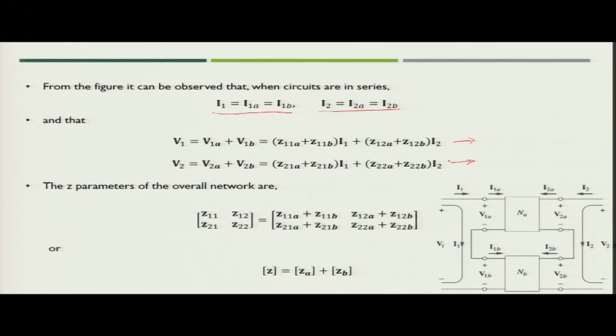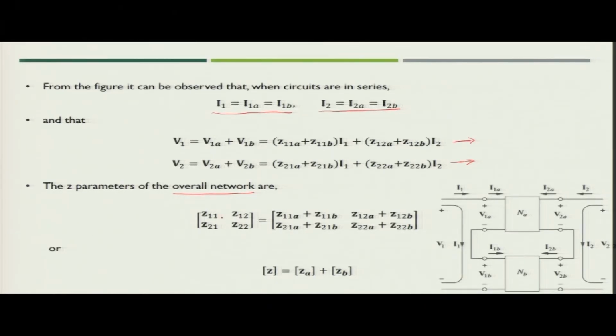If Z11, Z12, Z21, Z22 are the Z parameters of the overall network, and you compare the values of V1 and V2 with the standard Z parameter equation, we can say that the Z11, Z12, Z21, Z22 matrix is the addition of the individual Z parameters of both of the sub networks, compiled as shown in the equation.